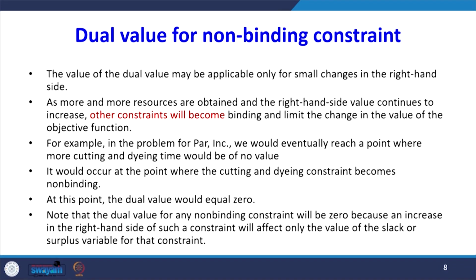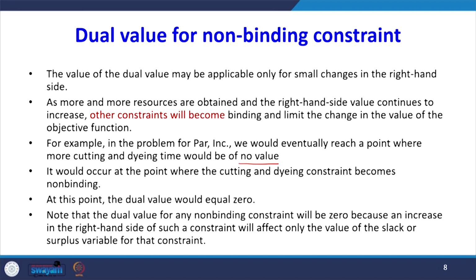For example, in the problem which we are discussing, we would eventually reach a point where more cutting and dyeing time would be of no value. It would occur at the point where the cutting and dyeing constraint becomes non-binding. At this point, the dual value would equal 0.